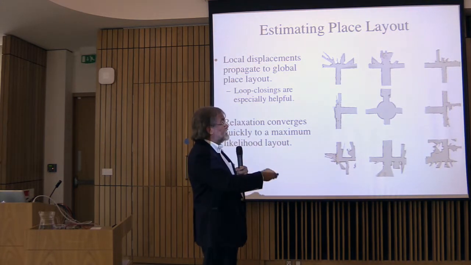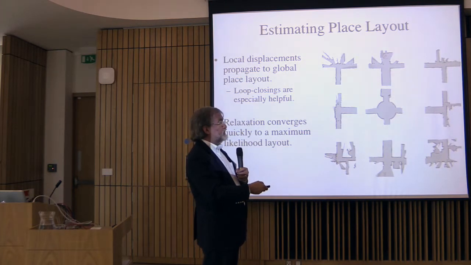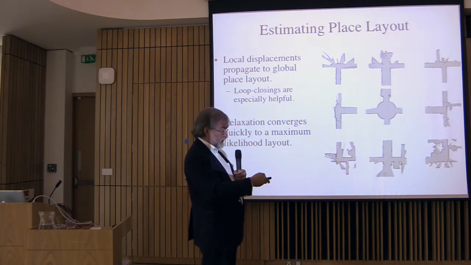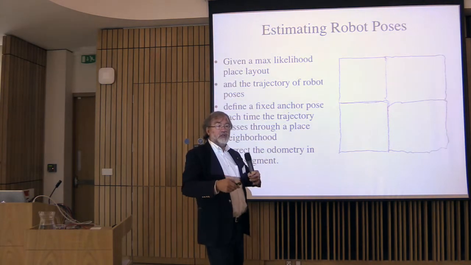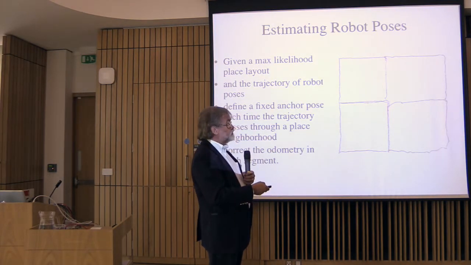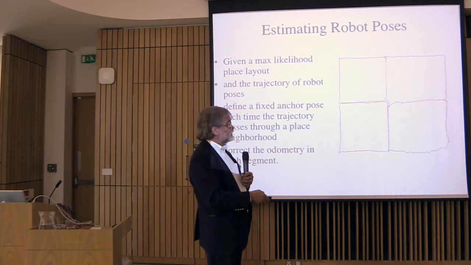So when we create this map, it's got a small amount of information about each place and its position and orientation. And what we're doing with the rest of this is we're now trying to fill in the rest of the points. So here are the poses that the robot followed as it traveled through this environment.